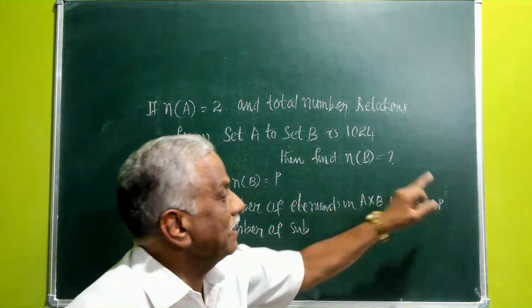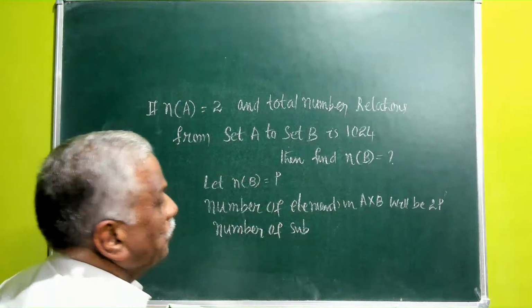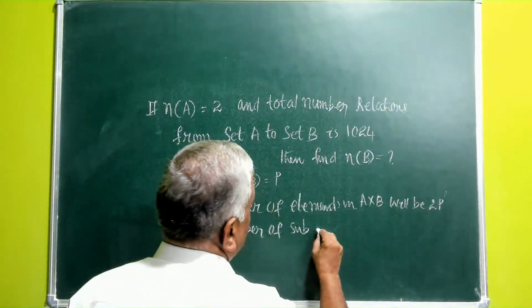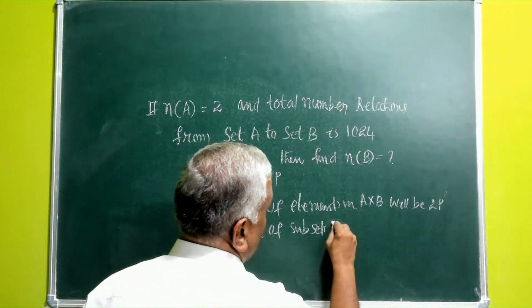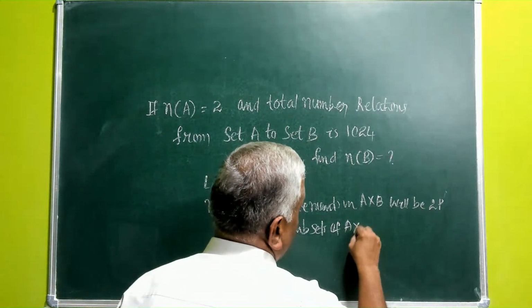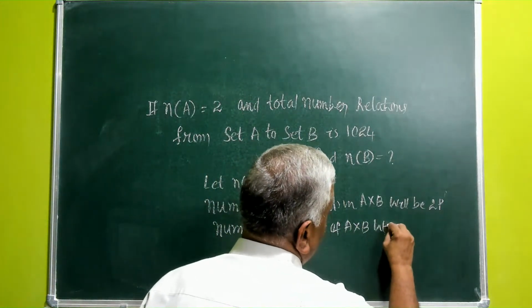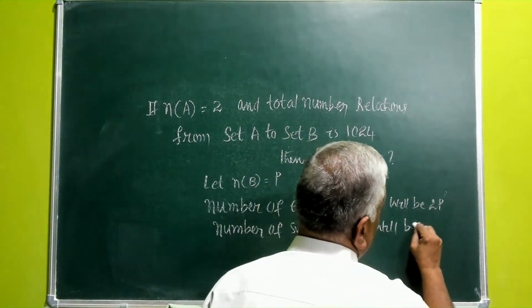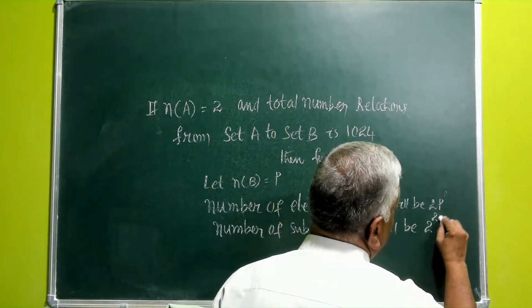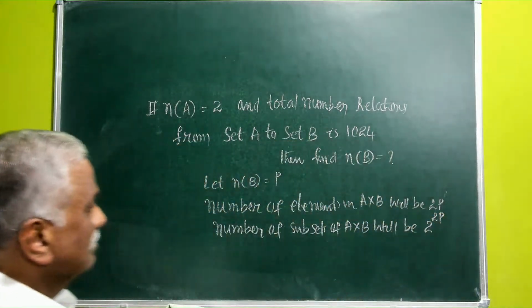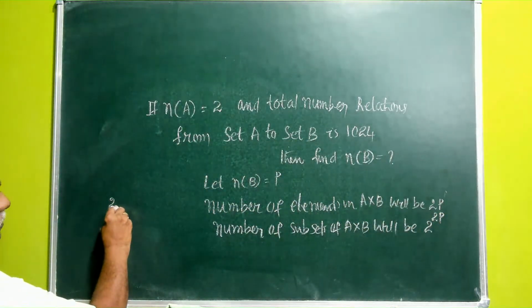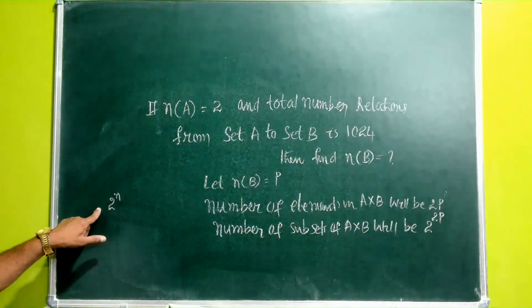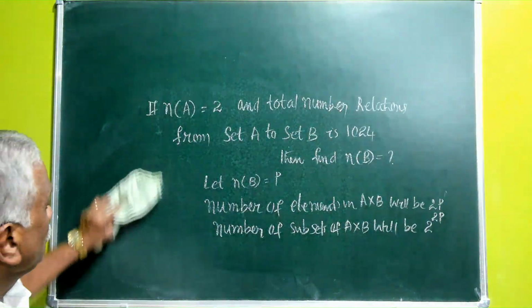I have taken this as p, so A cross B will have 2p elements. The number of subsets of A cross B will be 2 to the power of 2p. What's the reason? The number of subsets is equal to 2 to the power of n, where n is the number of elements. This has got 2p elements.